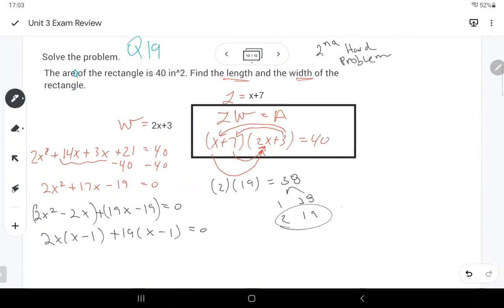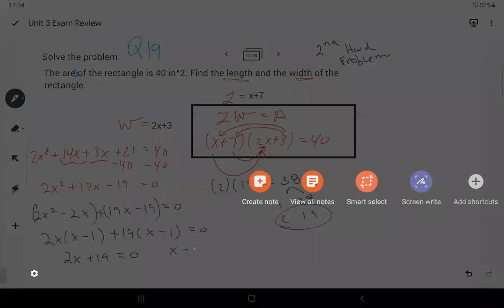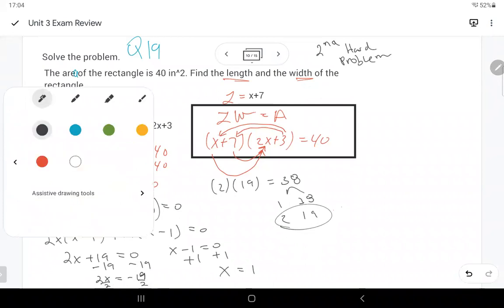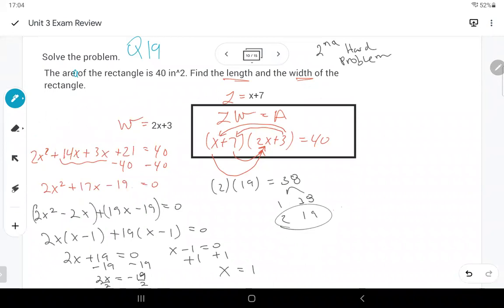We're going to set these equal to 0. And what we end up seeing is that one of our solutions is equal to a negative number. That's a negative fraction.